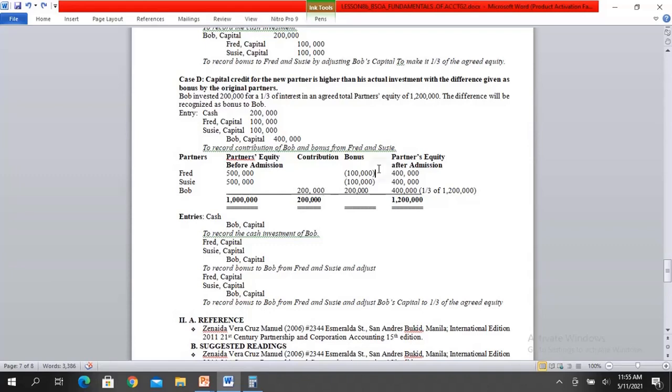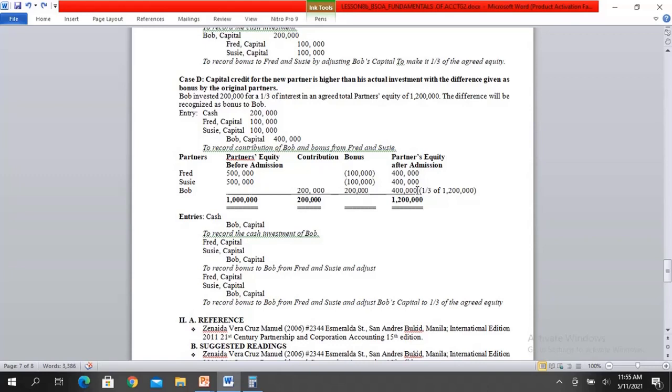Ibabawas natin yun doon sa capital or yung equity contribution or yung equity ni Fred saka ni Susie. So, babawasan natin sila ng tigo 100. Sabi nga natin kanina, they share profit or loss equally. Tapos, idadagdag natin yun kay Bob para mag-arrive tayo dun sa 400,000 na napag-agrihan na i-contribute niya dapat.